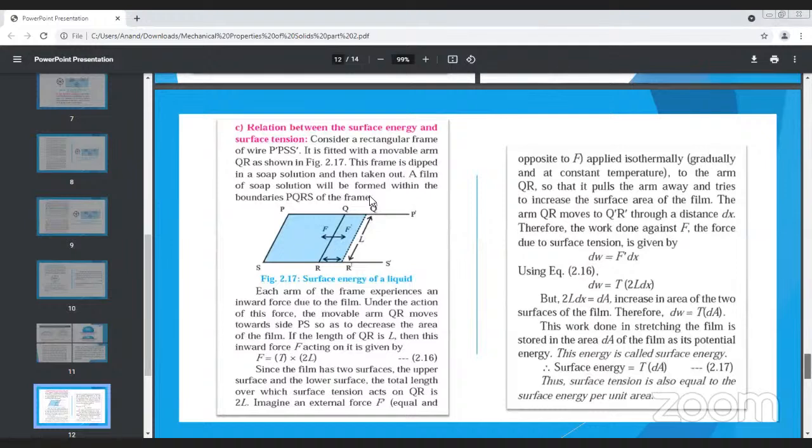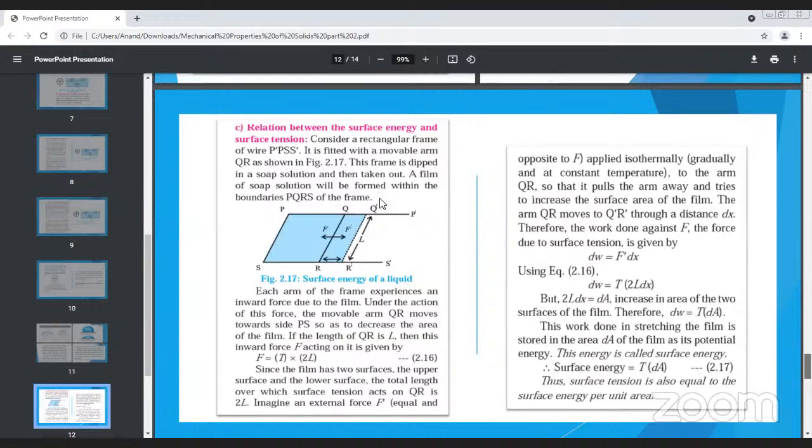Okay, दोन एरिया आहे त्यामुळे 2L. The film has two surface areas, the upper surface and the lower surface, and therefore the total length is nothing but 2L. That is, imagine an external force F dash equal and opposite to F.